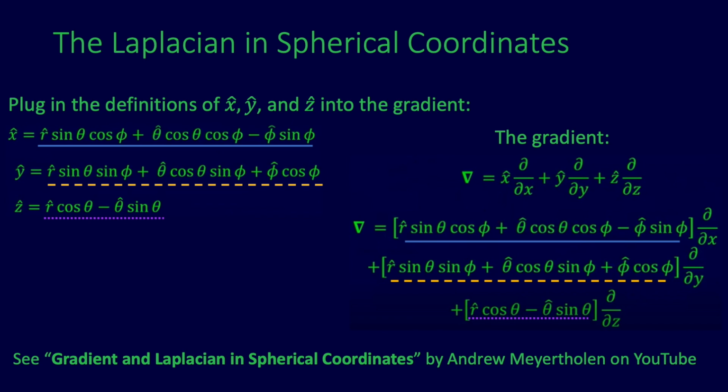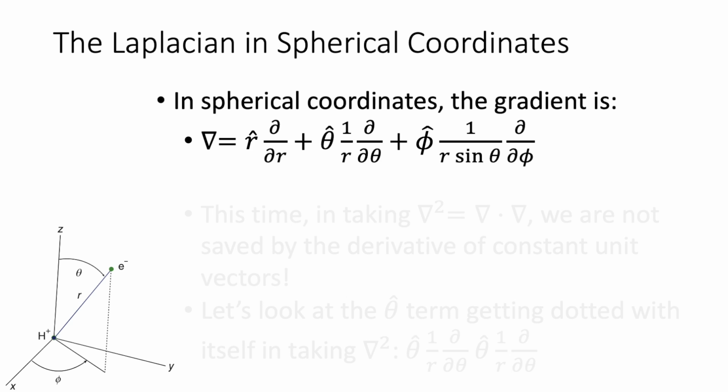And again, definitely watch that video at least once. Watch him do it. He has a really great way of explaining it. Highly recommended. Okay, so we've established that this is indeed the gradient in spherical coordinates.